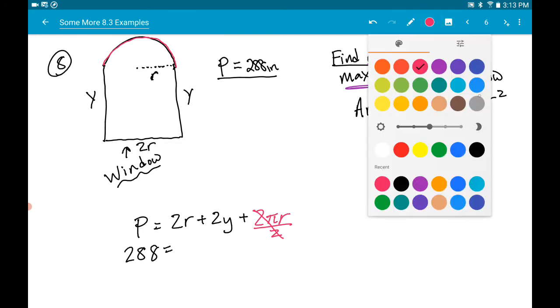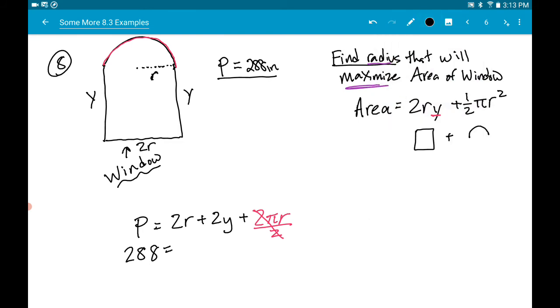All right, I'm getting closer. You can feel it. So I'm going to have 2r plus 2y plus pi r.